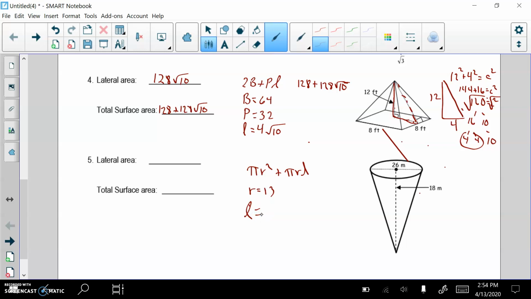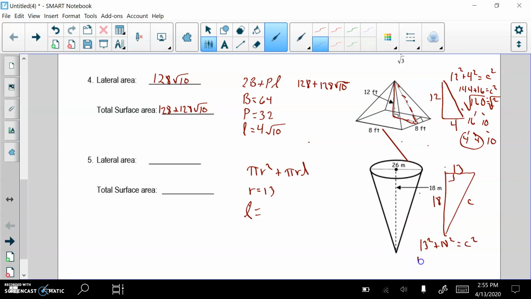The slant height is unknown. So we have to take that right triangle of the cone and do 13 and 18 and hypotenuse. So 13 squared plus 18 squared equals c squared.